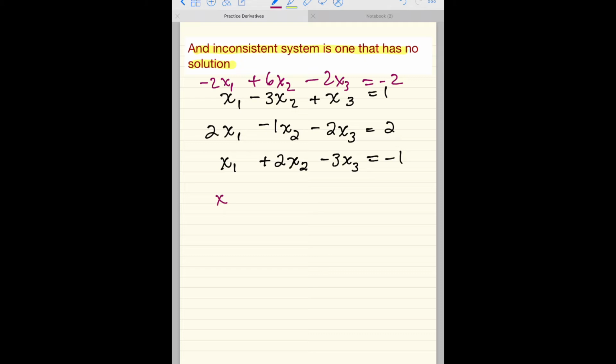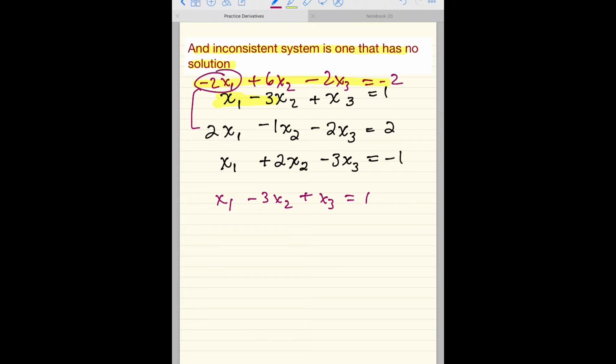When I go to rewrite this, even though I'm multiplying -2 to this, I'm not changing the first row. I'm multiplying the row by a -2 so I can combine it with the second row. So I'm going to keep the first row as is, okay?